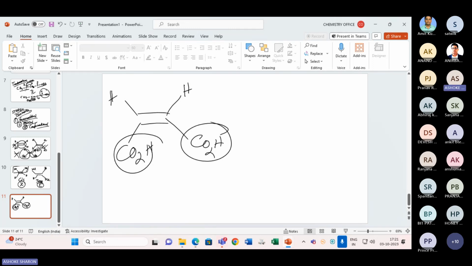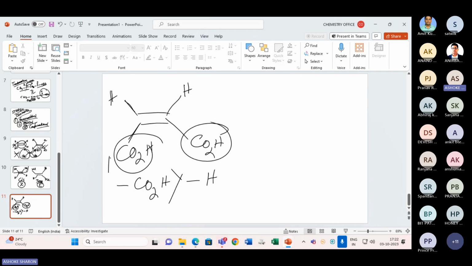Another important point is when the connectivity is there. For example, this carbon is connected with two different substituents, so you give the priority. Which group will get the priority? Here definitely the CO2H group will get the highest priority. I will explain a little later from which angle you assign the priority. The acid group is the highest priority, then the hydrogens.